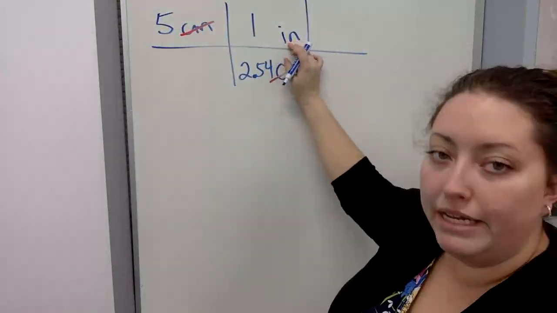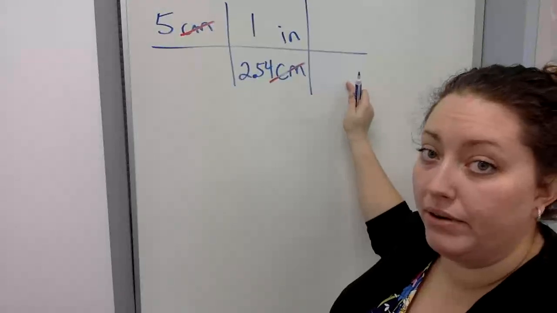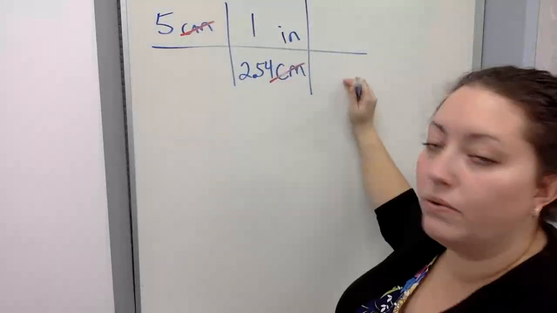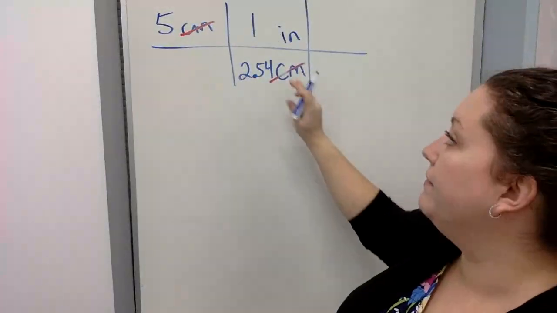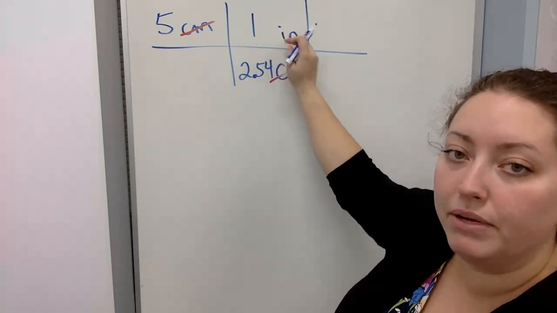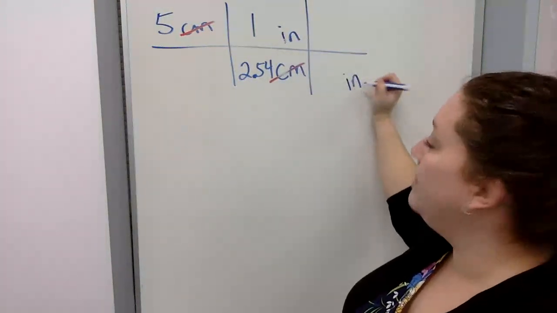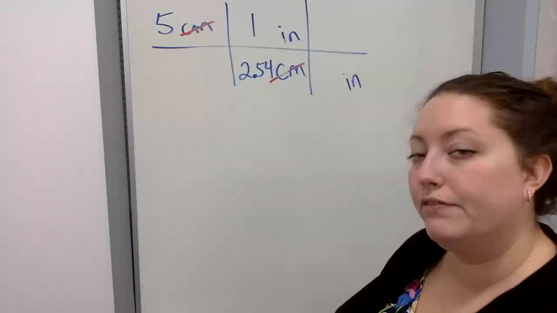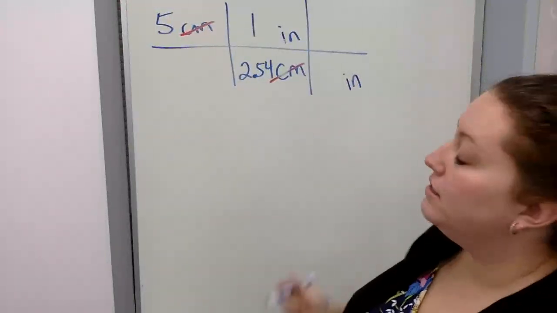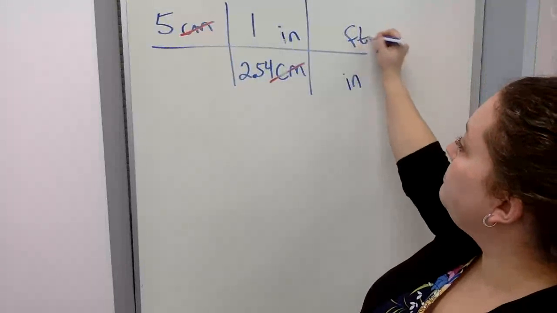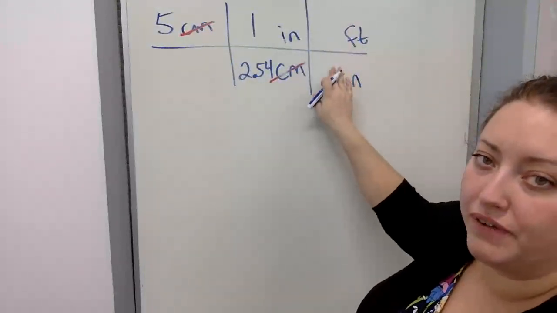So now that we're in inches, you have to have inches down here. There's no other option. Whatever unit you have up here, the catty corner unit has to be the same. So I know I'm going to have inches down here. Now you want to think, okay, can I get from inches to feet? Yes. So we can put feet up here and then write in the conversion factor.